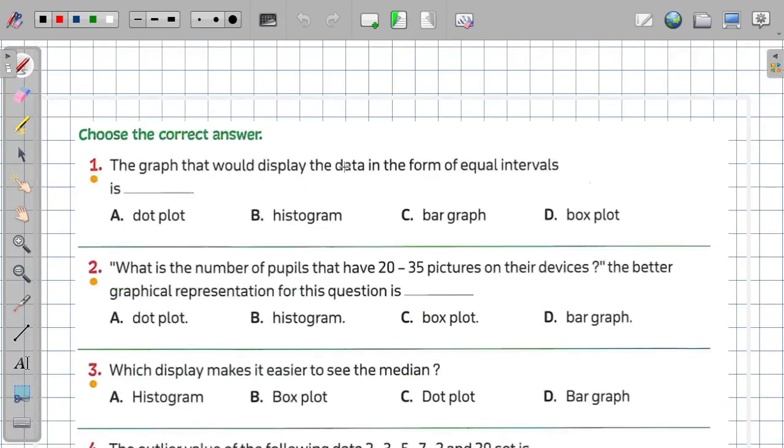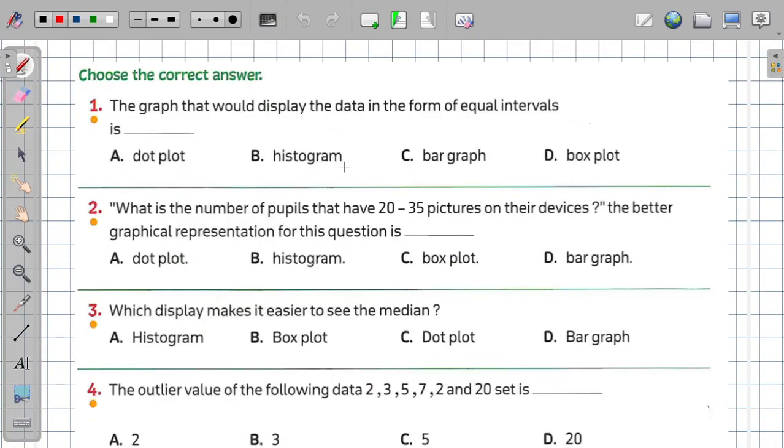Next, we have some multiple-choice questions that come in our final exams. The first one is: the graph that would display the data in the form of equal intervals is what? We deal with intervals, so we need a histogram.